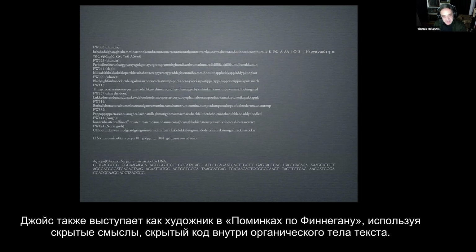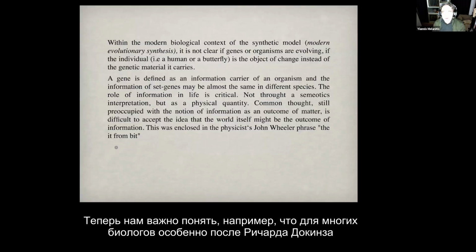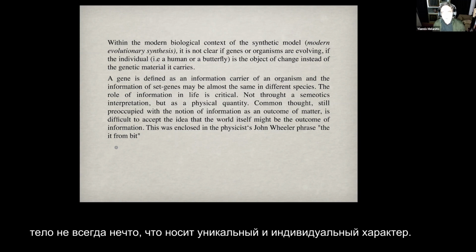Joyce, also in Finnegans Wake, as an artist used these hidden meanings, this hidden code inside the organic body of the text. Now, what is important for us is to understand that for many biologists, especially after Richard Dawkins, the body is not always something that has a unique, individual character.